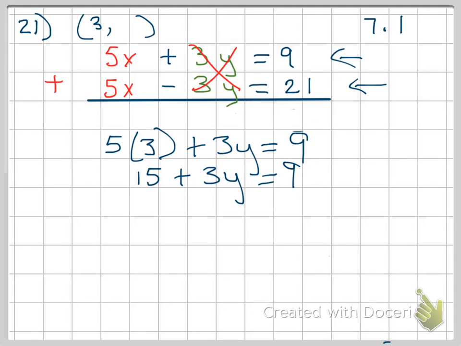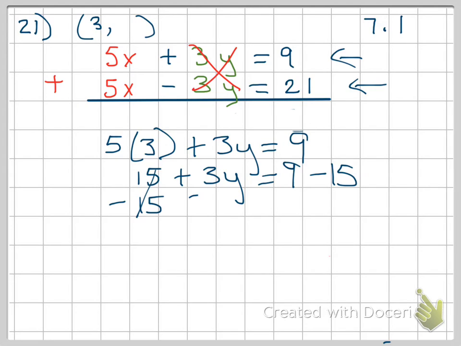Let's go ahead and move 15 over to the other side, or eliminate it on this side. So we have a positive 15, so we will subtract 15 to this side and subtract 15 to that side.